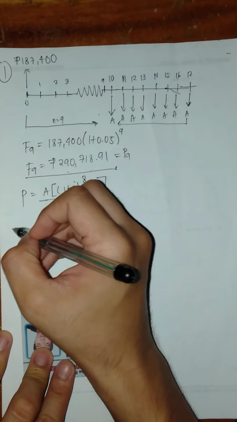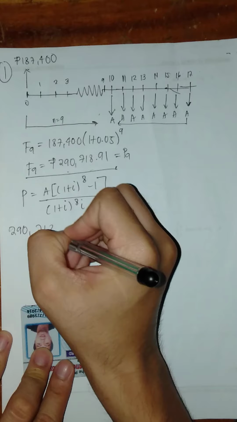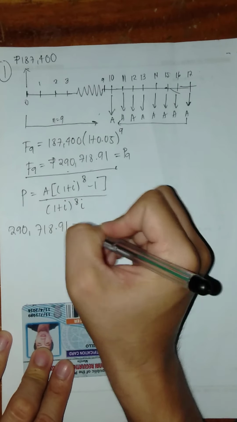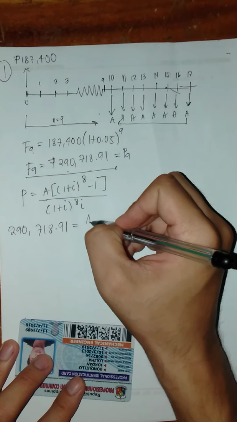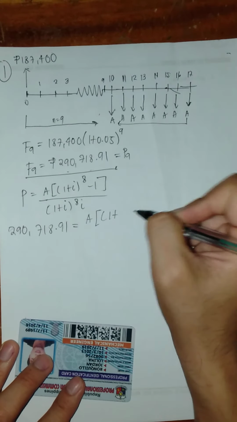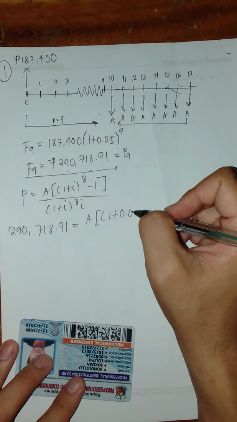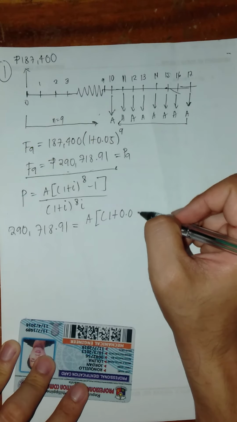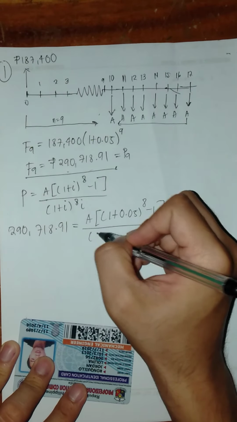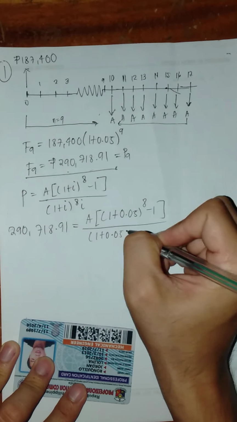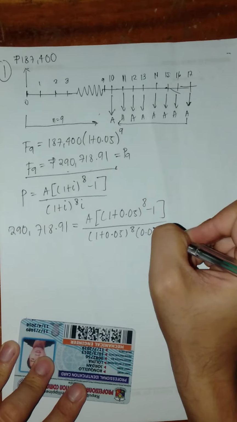O, solving now for your annuity. So, substitute nyo na lang to. So, this is 290,718.91 is equals to annuity. So, ito yung solve natin. So, 1 plus, what is the interest rate? 0.05, raised to 8 minus 1 all over 1 plus 0.05 raised to 8 times 0.05.